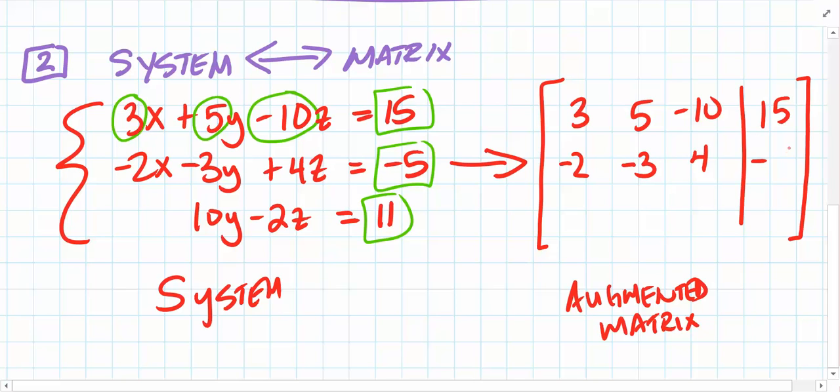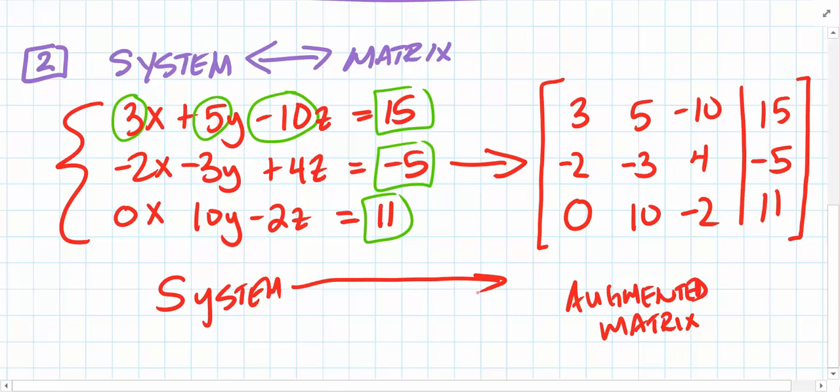Okay, what about that third line there? There's no x value. What do we do? Yeah, we plug in a 0 into the matrix, because I could represent this as 0x, right? So the 0 is the number out in front. That's my coefficient. That goes into the matrix. And then this would be a 10, and then a negative 2, and then finally an 11, okay? So there we go. We've taken a system, and we have now created an augmented matrix. Is that pretty straightforward so far?